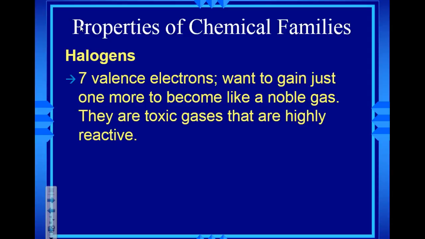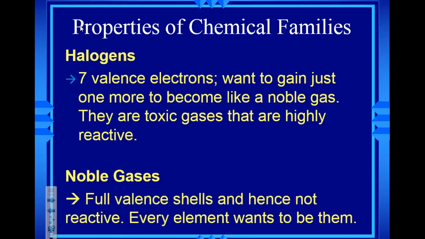These are all very toxic and they are reactive. And finally, the noble gases are the ones that have full electron shells in their Bohr model. They're kind of the it group of the periodic table. Things want to have full energy levels.